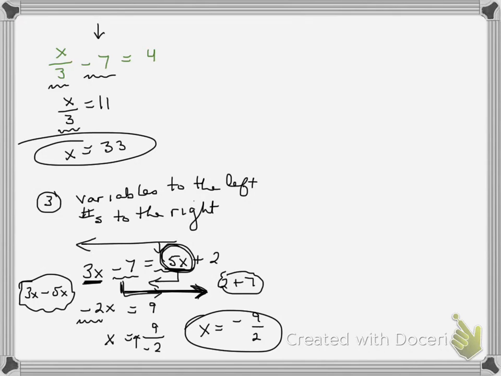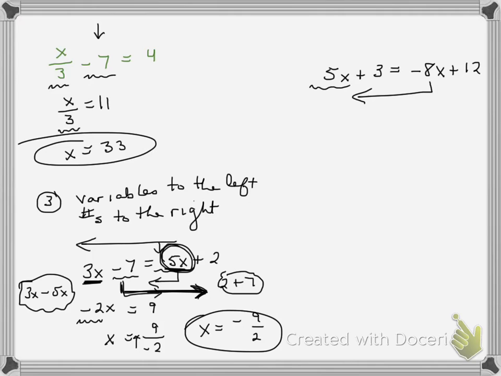Let me give you another problem like that. Let's see. 5x plus 3 equals, I don't want to do that one, equals negative 8x plus 12. Let's do something like that. I need to move this to this side by adding.